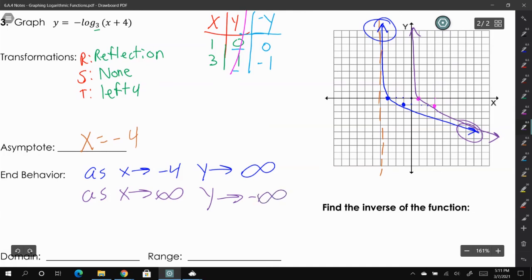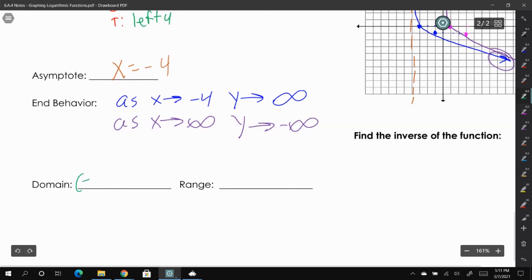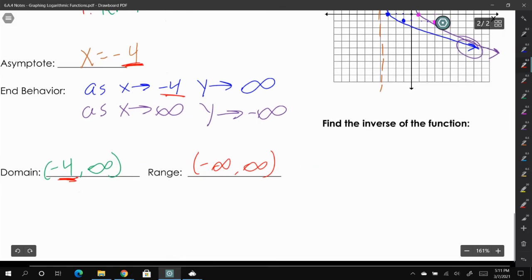The y is going to negative infinity. Our domain will be negative 4, infinity. And the range, since this is a logarithmic function, can be negative infinity, infinity. Double check that these three match up. All right, we're good there.